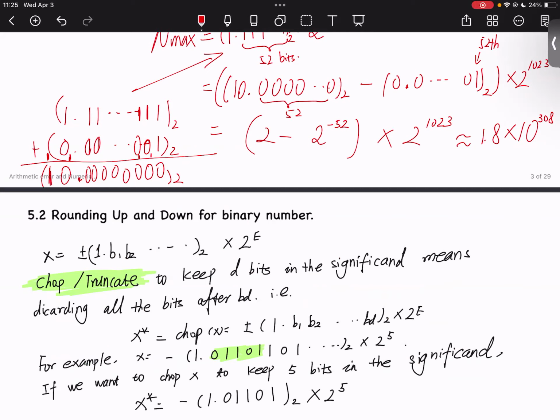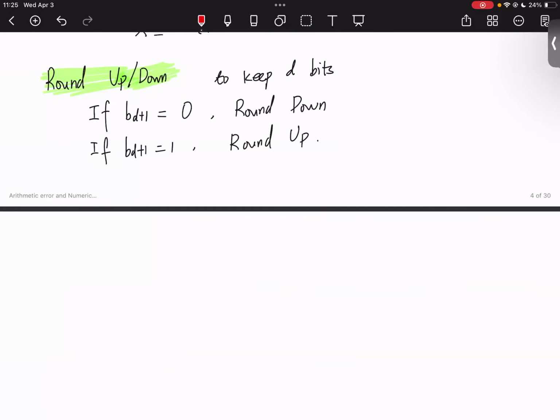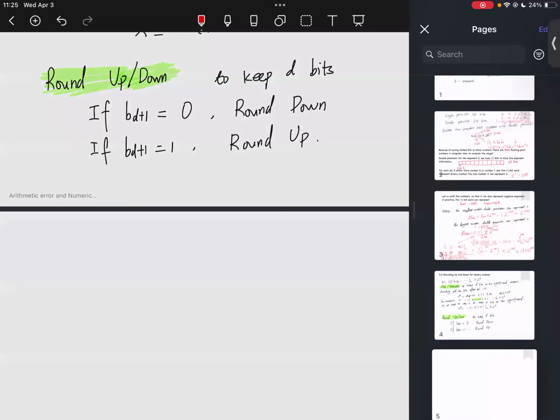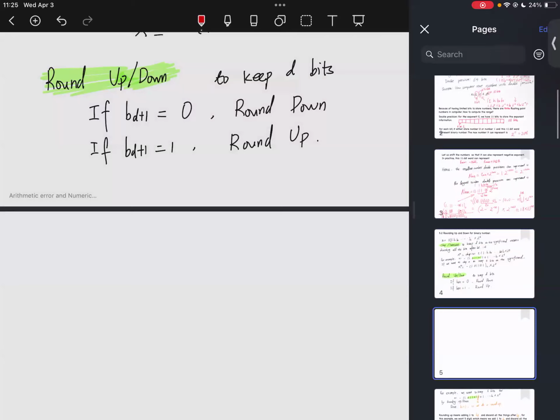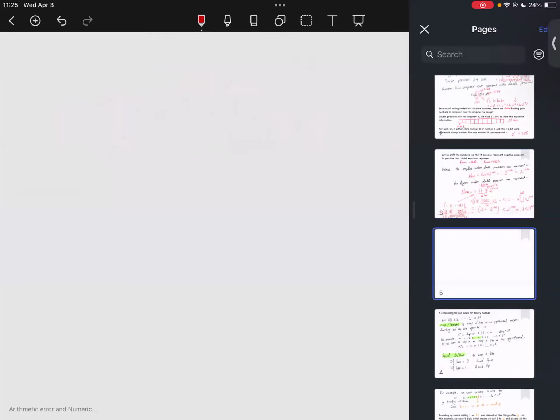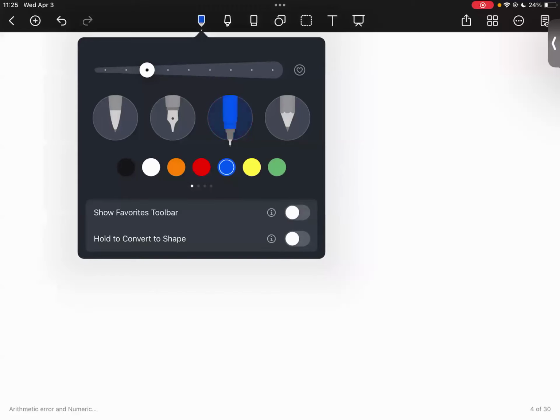Okay, the next part is similar to base 10. So before we go to the binary part, let's take a look at base 10 and do some rounding up and rounding down.